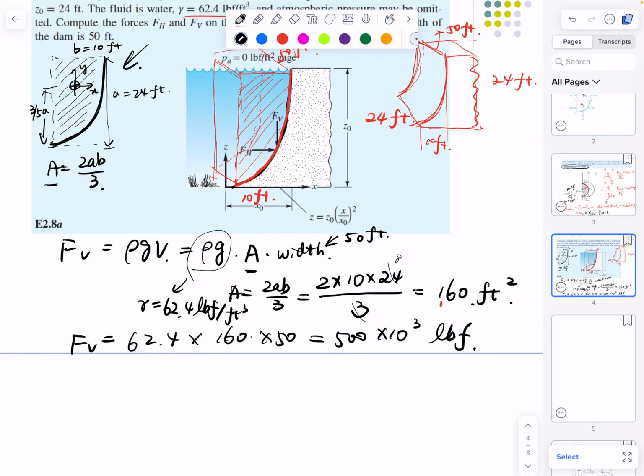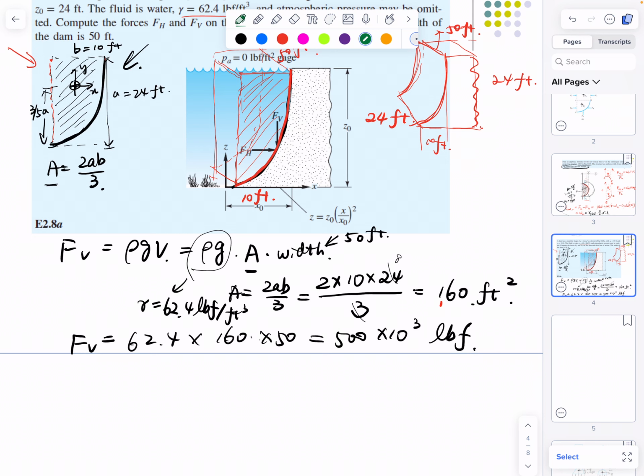How about the horizontal force? For horizontal force, we need to project. Look at this figure, all right? We need to project the curve to this surface. What does the area look like if we project it here? It's here.